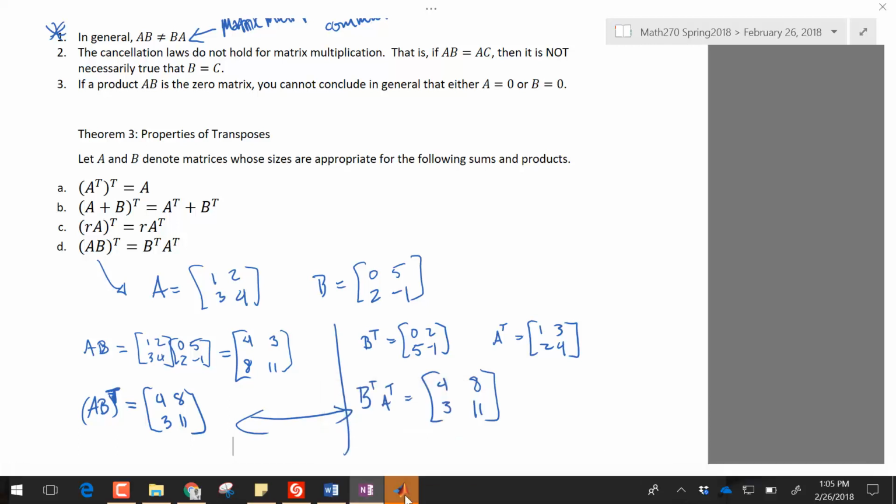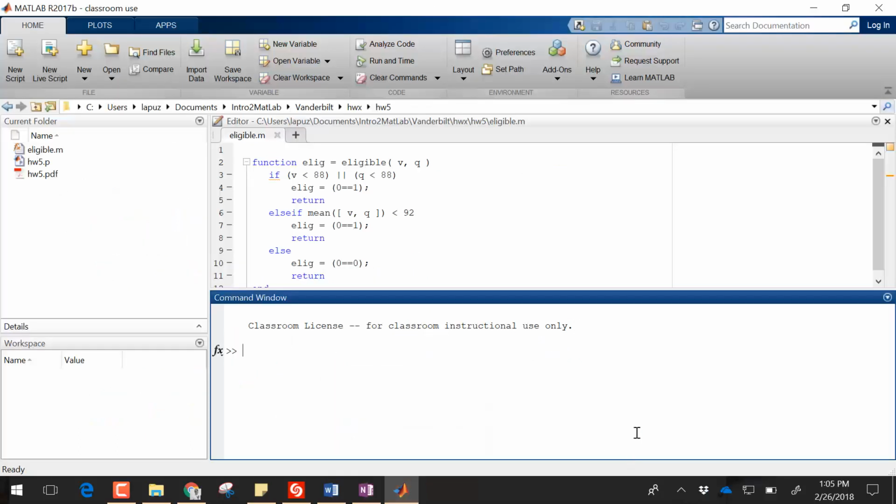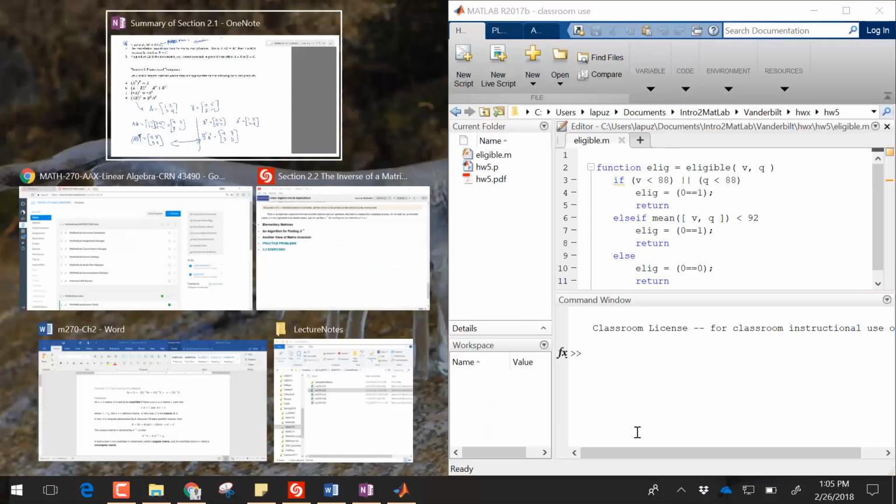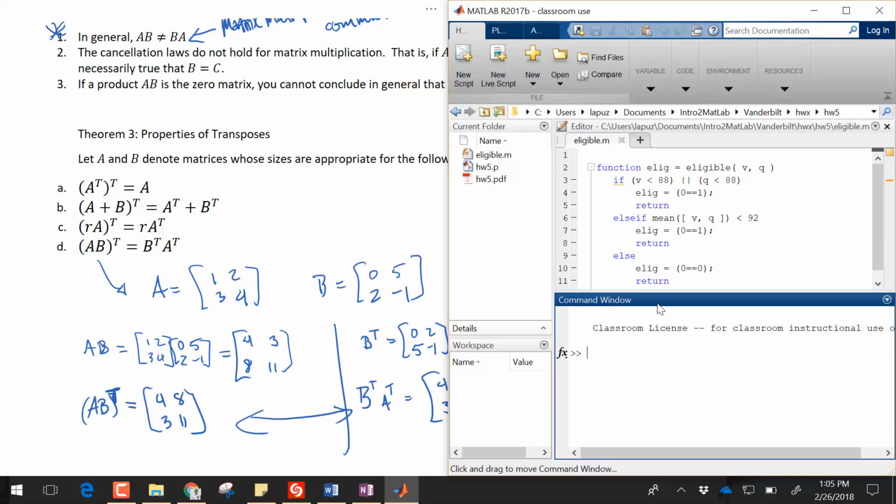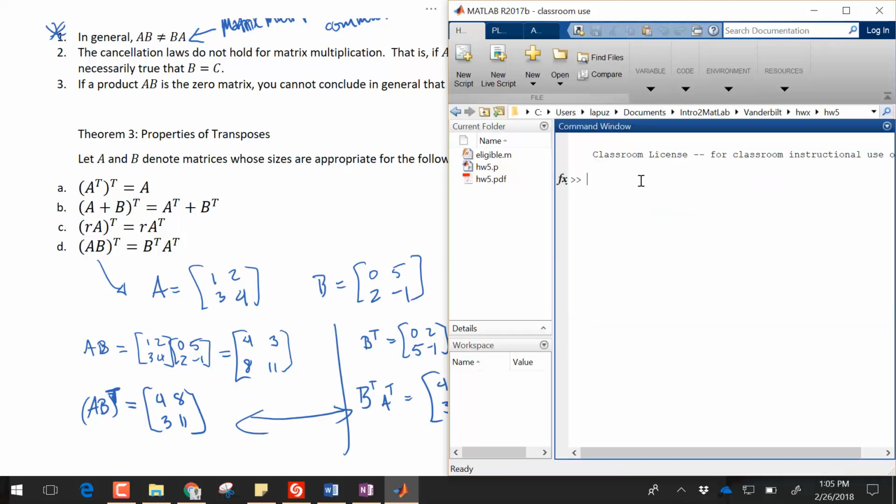You want to see that's not equal? Looks like I have MATLAB up. Let's see. A, what was our A equal to? A equals 1, 2, 3, 4.